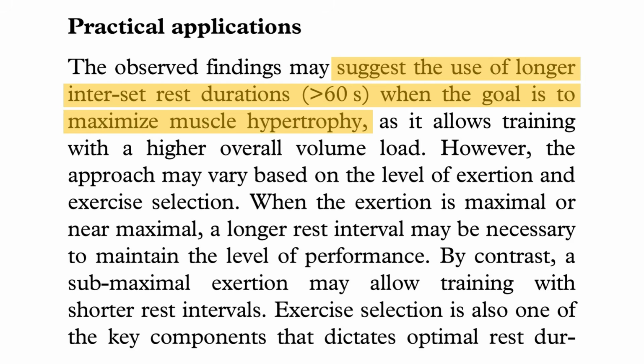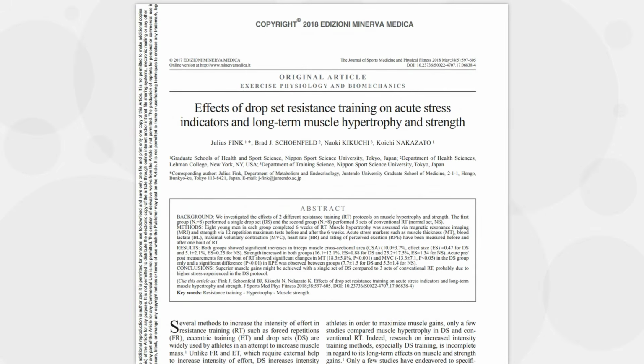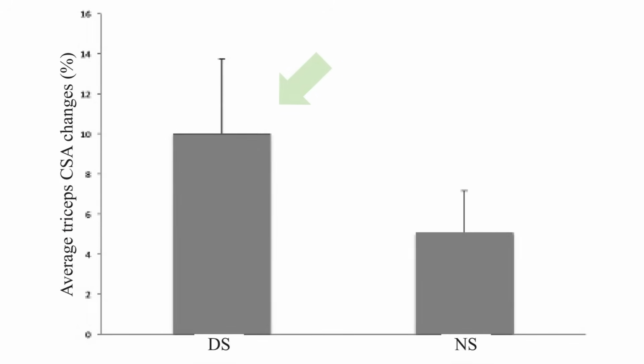However, most of the studies included in this analysis used full body workouts with mainly compound lifts. When we look at a single muscle group trained in isolation, the results we find are different. For example, this study explored the effects of traditional training with 90 seconds rest between sets versus drop sets with no rest between sets while performing tricep pushdowns. As we can see, the drop set training resulted in superior muscle growth of the triceps compared with the traditional training.